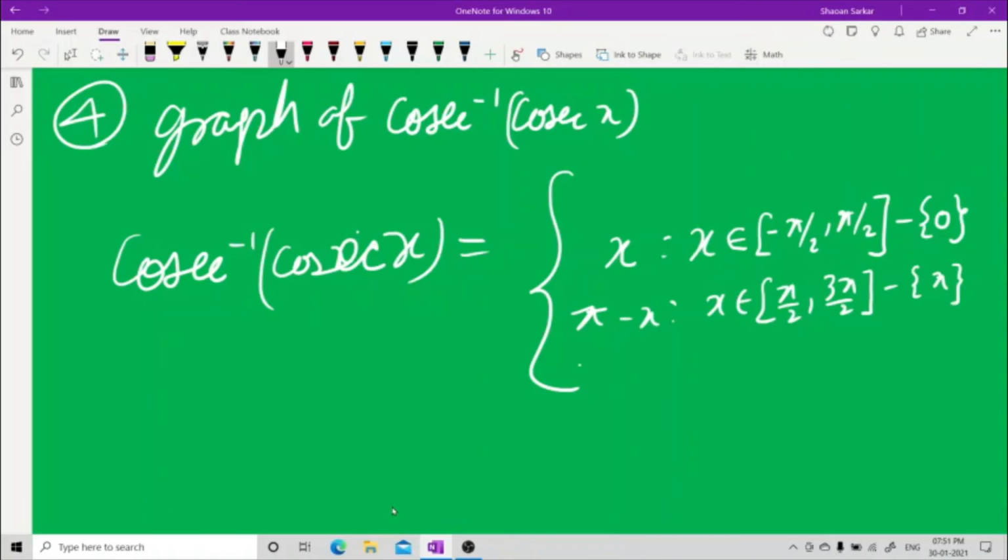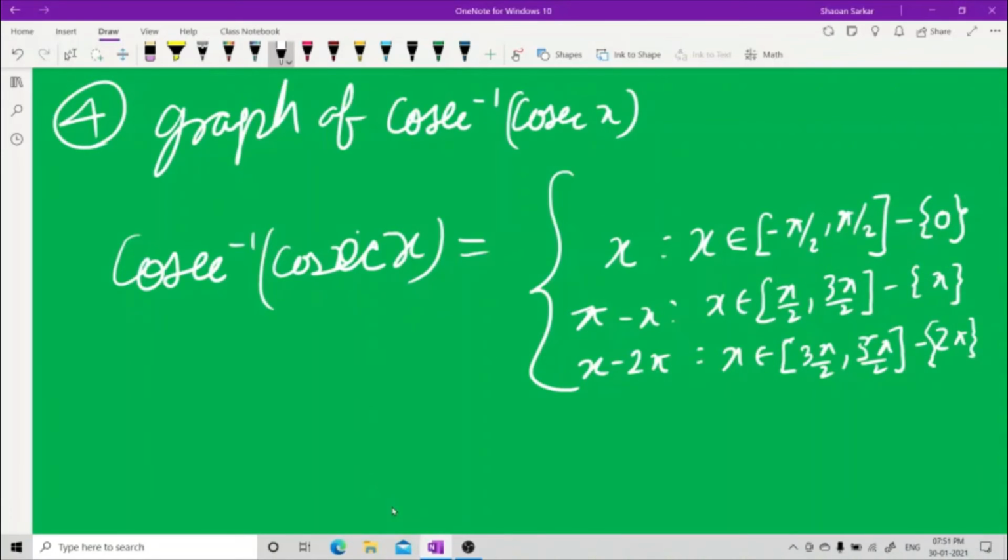Similarly, it would be x minus 2 pi, for x belonging to 3 pi by 2 to 5 pi by 2, from which 2 pi would be removed.